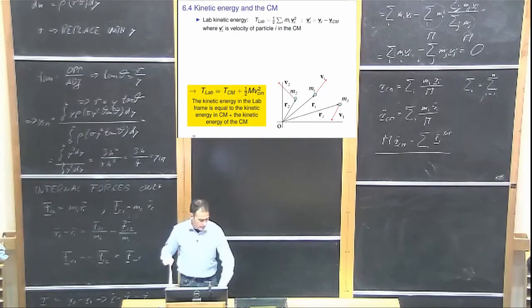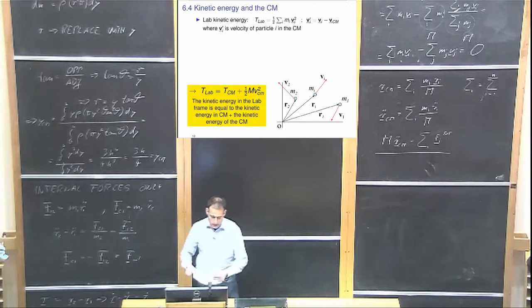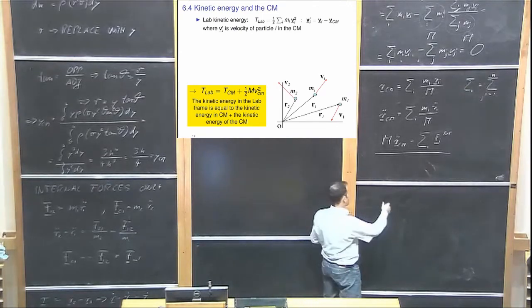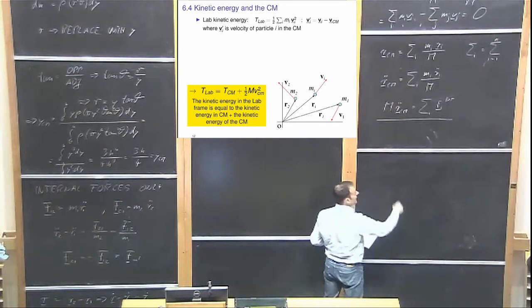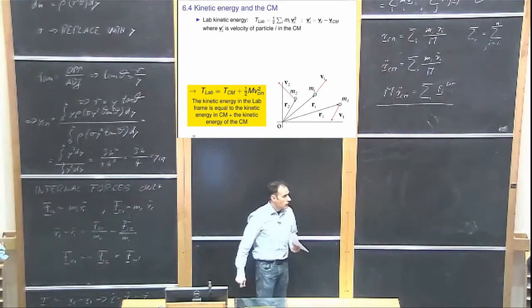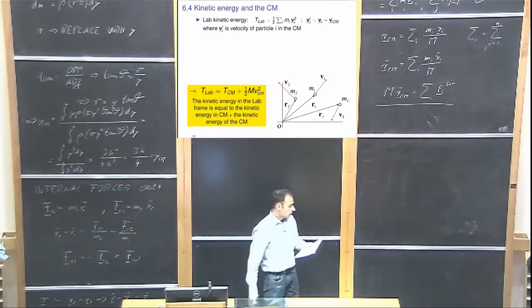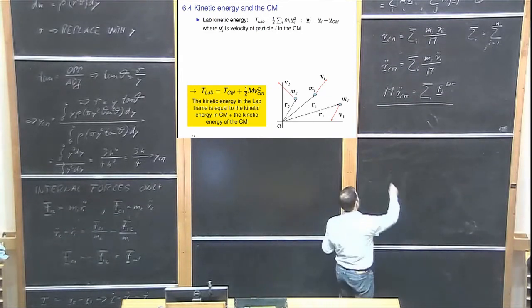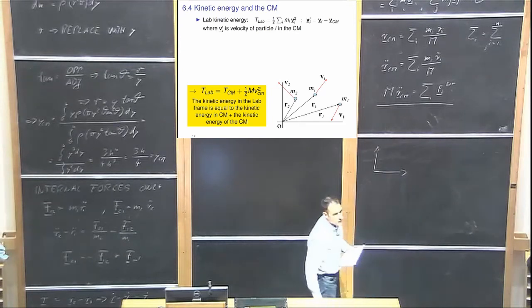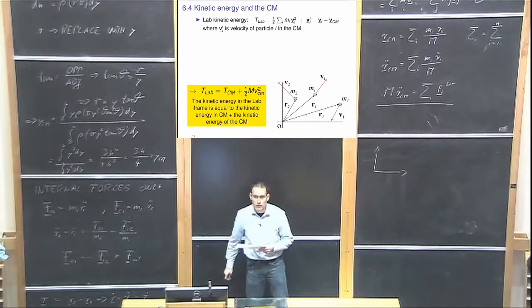So in the last few minutes of this lecture, I would like to go the final step. Now we have to look into kinetic energy in the center of mass frame and in the lab frame. Now we compare those. Those are our two, as I said, most favorite frames: lab frame, center of mass frame.